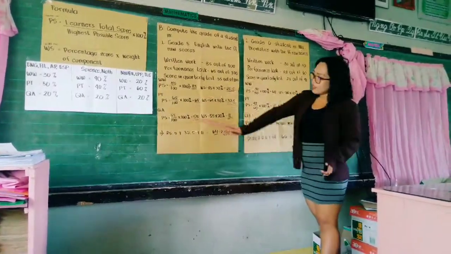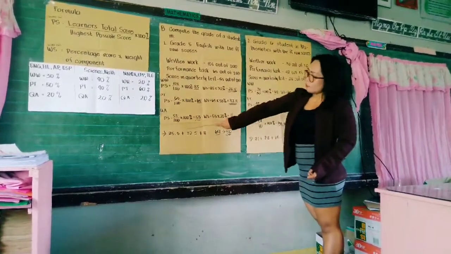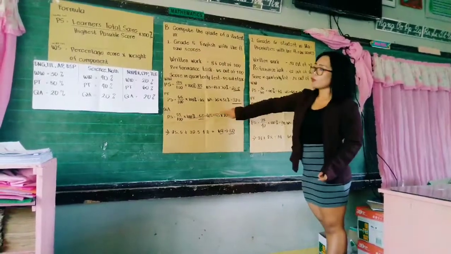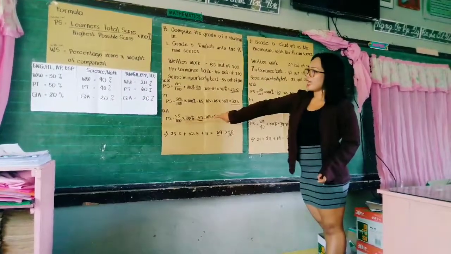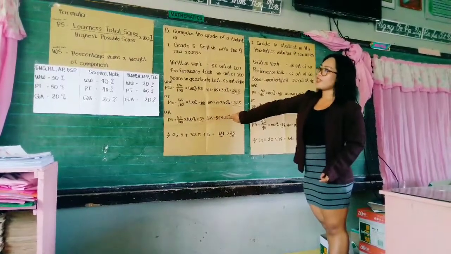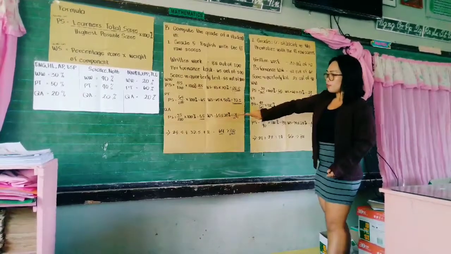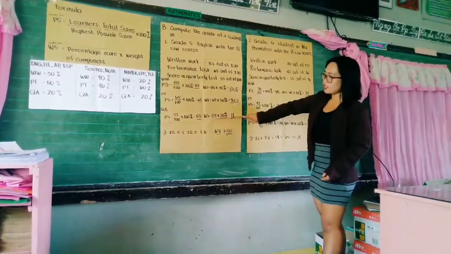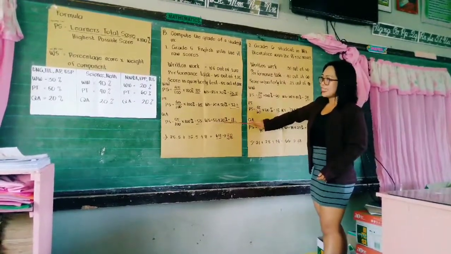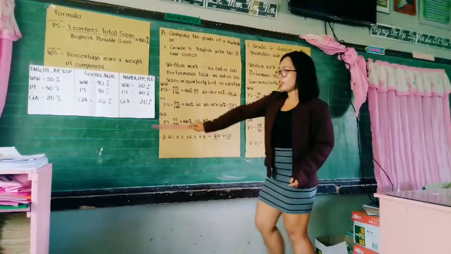Then, for quarterly assessment, 55 over 100, because 55 is the learner's total score over 100, which is the highest possible score, times 100%, which is given again in the formula, equals 55. So, 55, which is the percentage score, times 20%. 20% because in English, the weight of component for quarterly assessment is 20%.